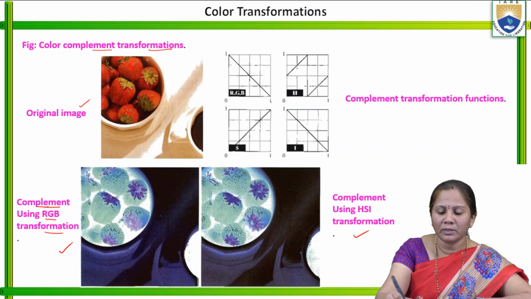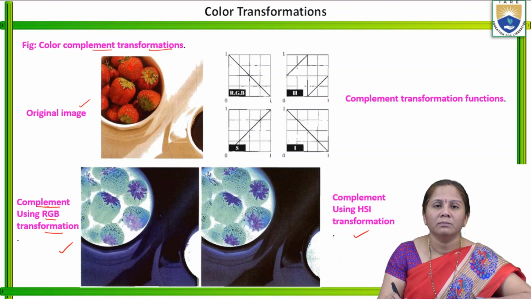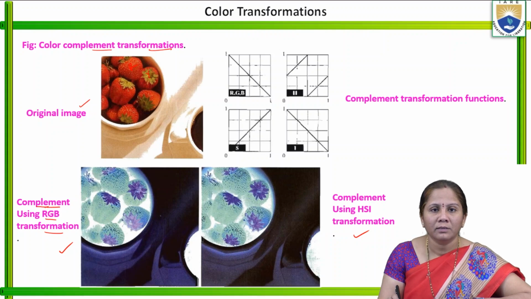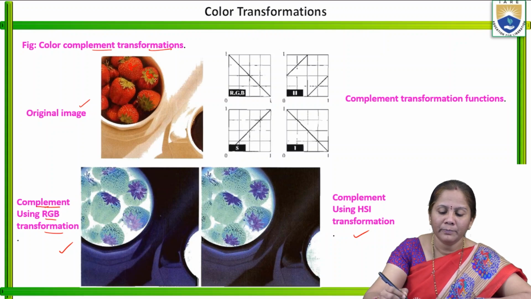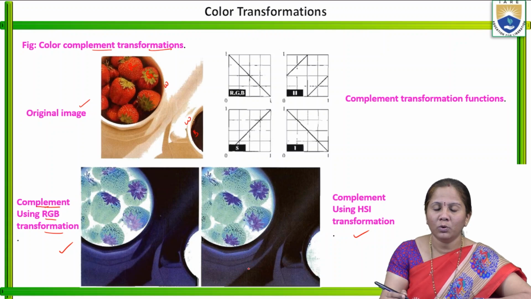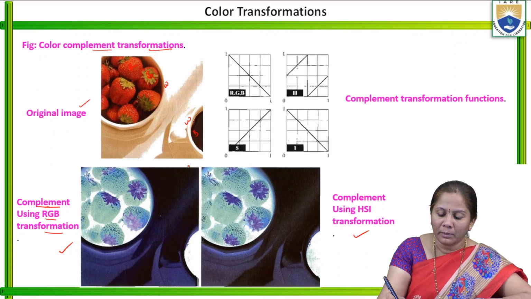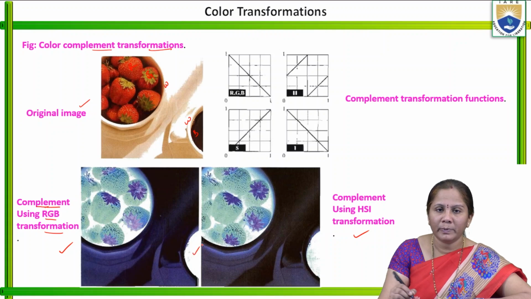Here the red colors are for the strawberries, for the leaves there is green color, the bowl is white, and coffee is black. As I told, according to the color circle, black will be replaced with white and white will be replaced with black.